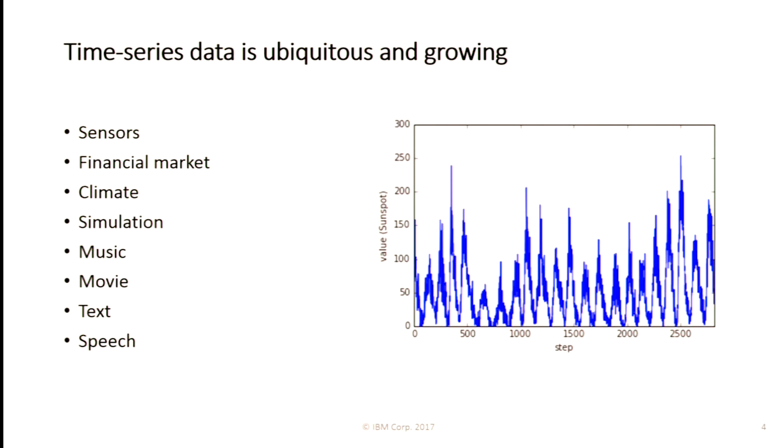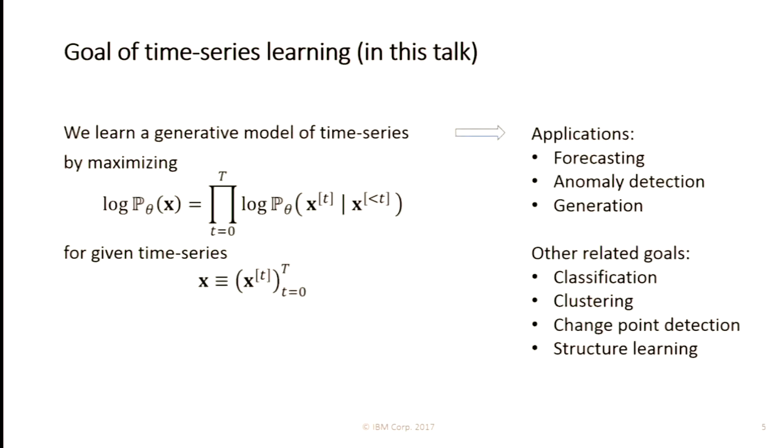The goal of time series learning covered in this tutorial is to learn a generative model of time series, where the objective is to maximize the log likelihood of a given time series. This log likelihood can always be decomposed into a product of conditional distributions, each conditioned on all past patterns.